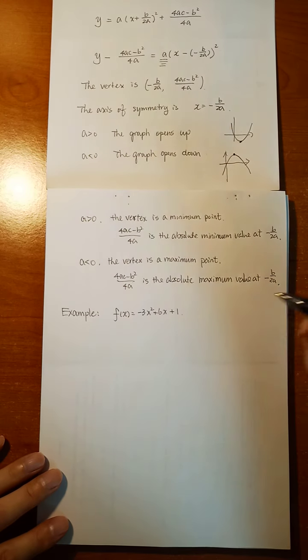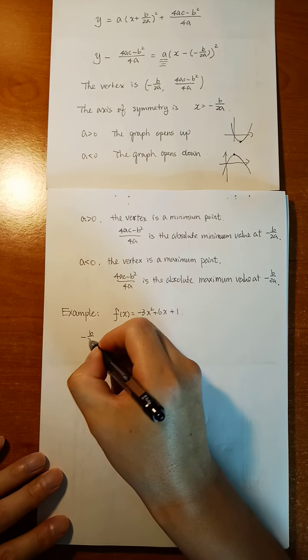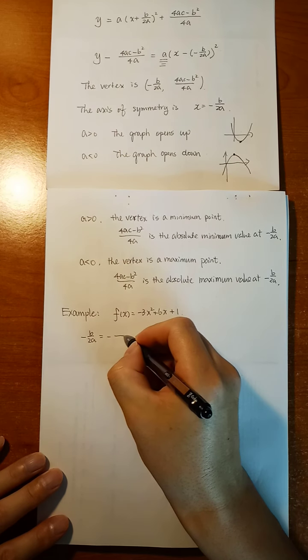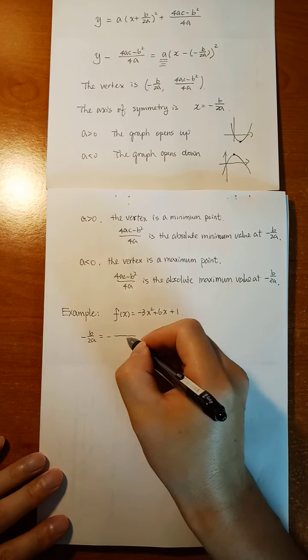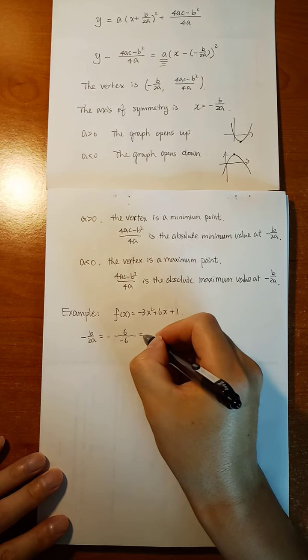We have this quadratic function. Then let's check the vertex. For the vertex, we need negative b over 2a. What is a? A is negative 3, 2a is negative 6, b is 6.